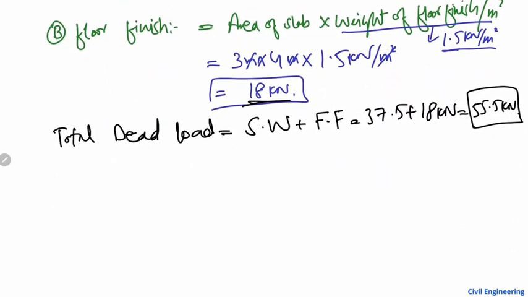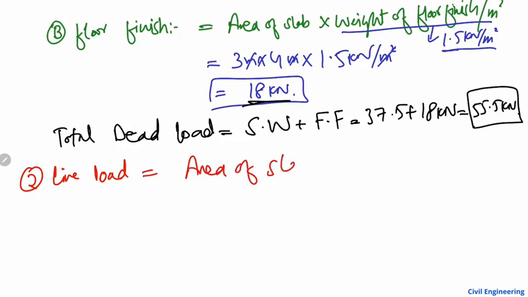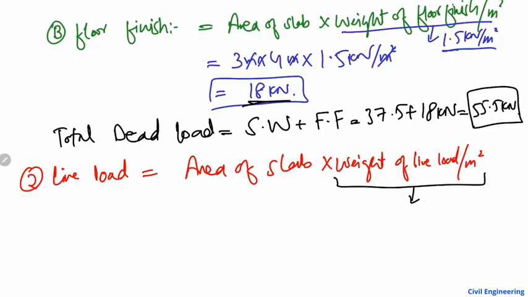We just have to keep in mind that the live load acting on the slab is equal to the area of the slab multiplied by the weight of live load per square meter. And keep in mind that this value in structure design is mostly taken as 4 kilonewton per square meter. It also depends on the codes.